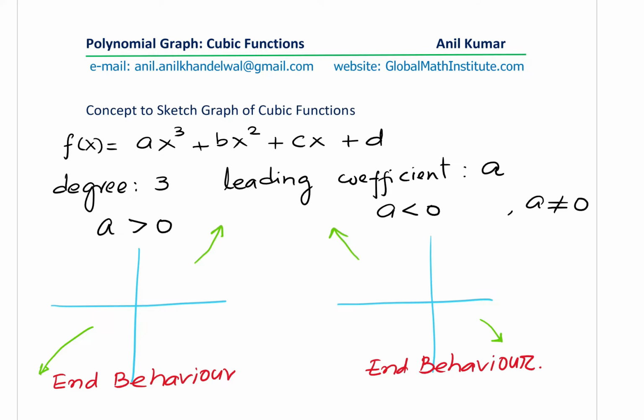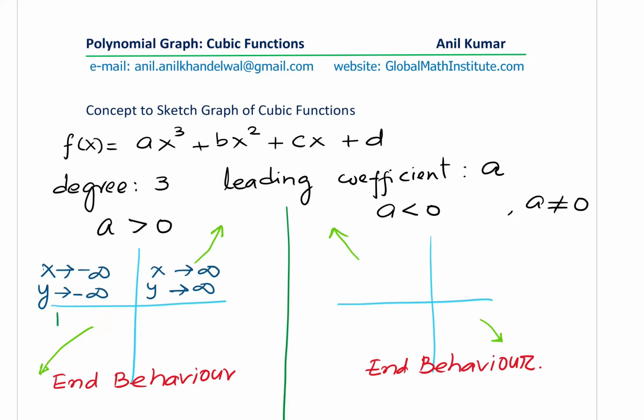You could actually write the end behavior in the form that when x approaches negative infinity, y approaches negative infinity, and when x approaches positive infinity, y approaches positive infinity. That is the case when we are talking about leading coefficient being positive, right?